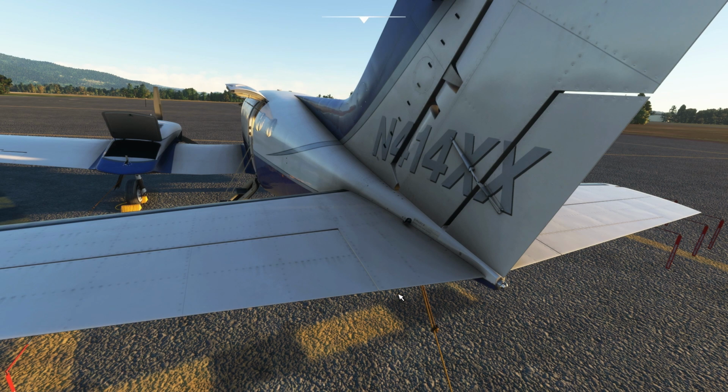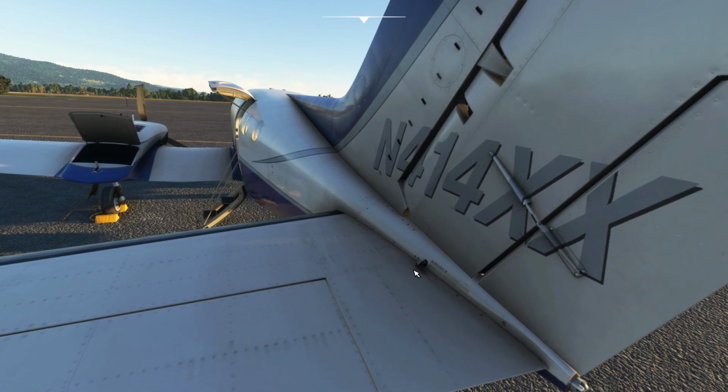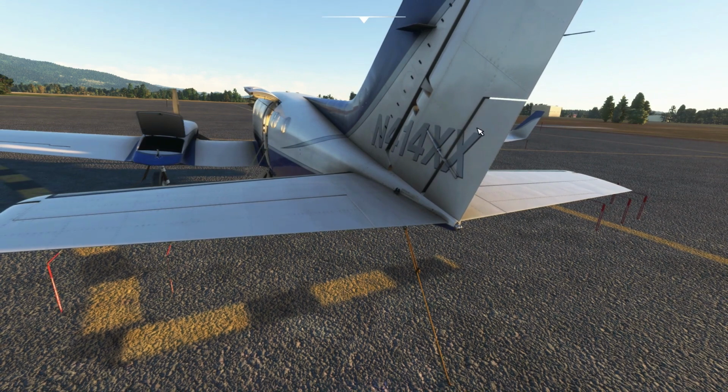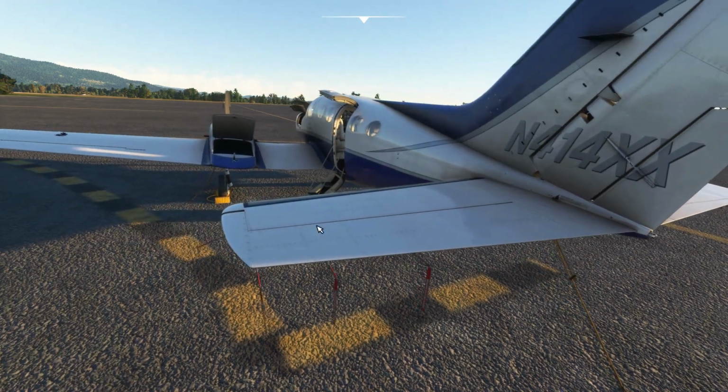Whoa. The rudder lock, to unlock it has to go down, so basically, if it looks aerodynamic, it's unlocked. Now it's locked. That's to protect the aircraft in windy conditions while it stays on the ground.